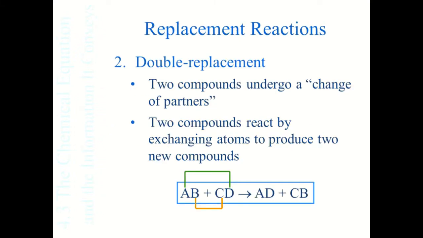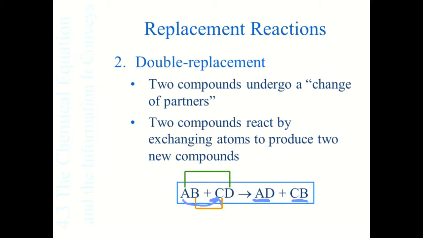Now, double replacement reaction. For some reason people get all confused about this, but it's really easy. All you do is take the first element, which is the cation, and you switch them. So A will go with D, and C will go with B. So I will produce AD and CB.